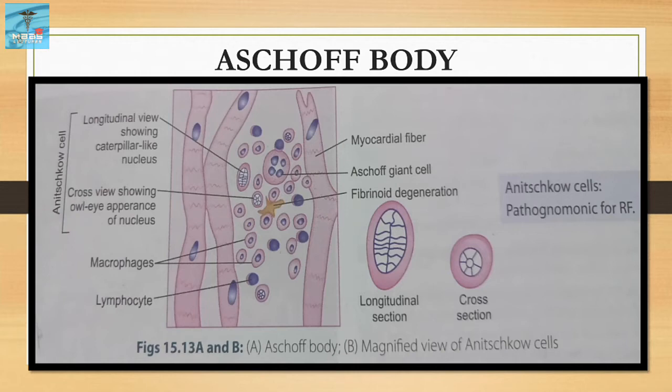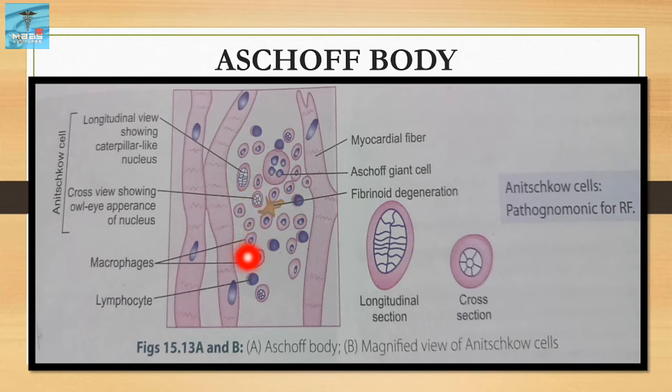So we can see the longitudinal view showing the caterpillar-like nucleus here, then the cross view showing the owl-eye appearance of the nucleus. So these are Anitschkow cells showing the longitudinal view of the caterpillar-like nucleus and the cross-section view showing the owl-eye appearance.